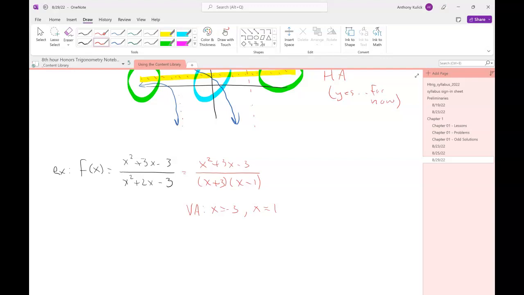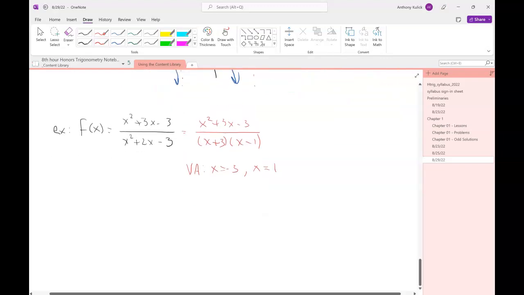But that's just a rule. I mean, all I really know is that the function is undefined at those values. I'm not really using any kind of evidence. What I could do is look at a table of values.